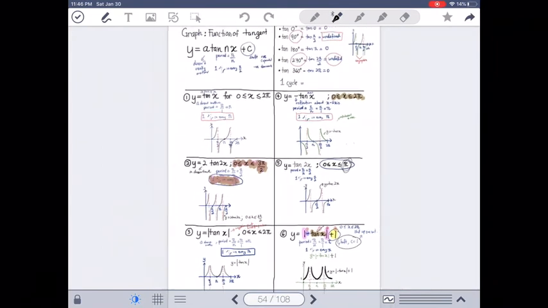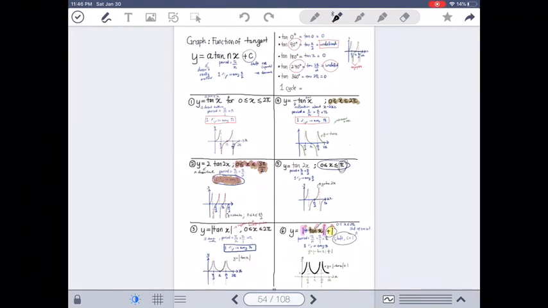Alright, now we are done with the graph of tan. I hope you will understand all the basic ways to sketch the graph of trigonometric functions.